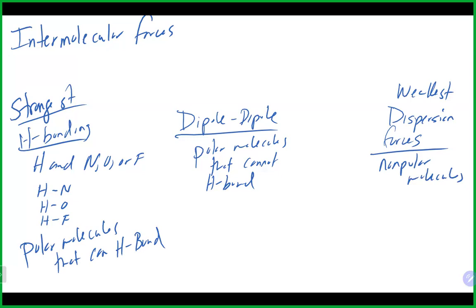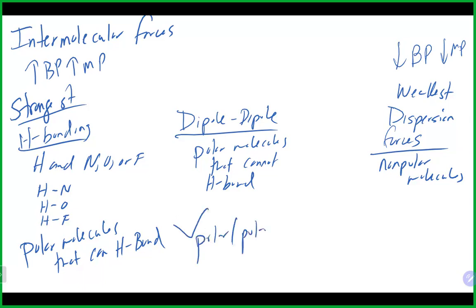So in terms of boiling points, melting points, and those type of things, on the left-hand side here, we would expect high boiling points and melting points. Anything in this region, lower boiling points, lower melting points. This is also why intermolecular forces, as I mentioned, is a main thing of how things interact with each other. This is why polar things and polar things are typically soluble in each other because they're using the same type of intermolecular force.